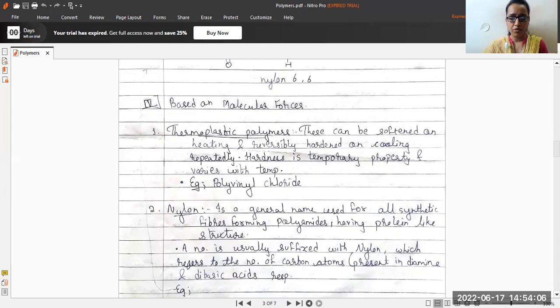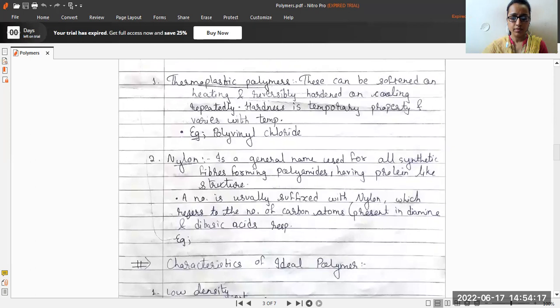Hardness is a temporary property and it varies with temperature. An example is polyvinyl chloride. Next is nylon. It is a general name used for all synthetic fibers forming polyamides having a protein-like structure. The suffix with nylon refers to the number of carbon atoms present in the diamine and diacid groups respectively.